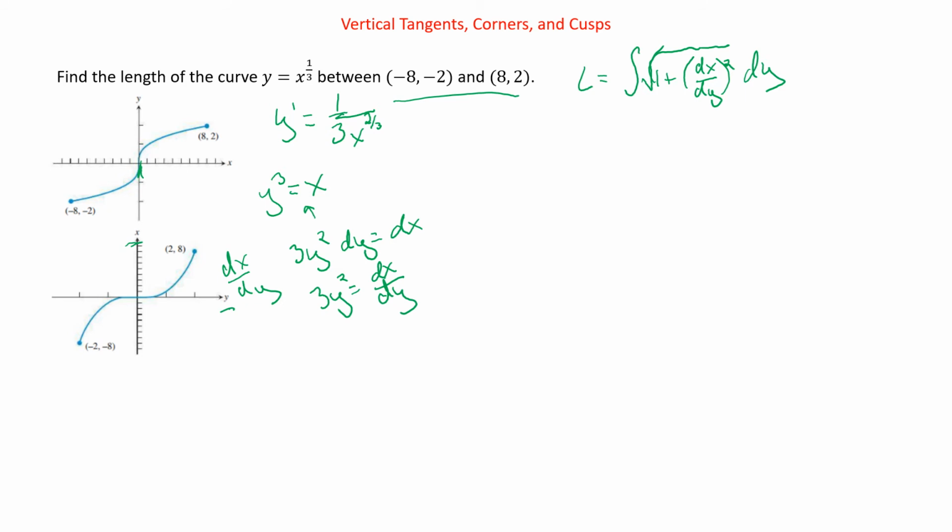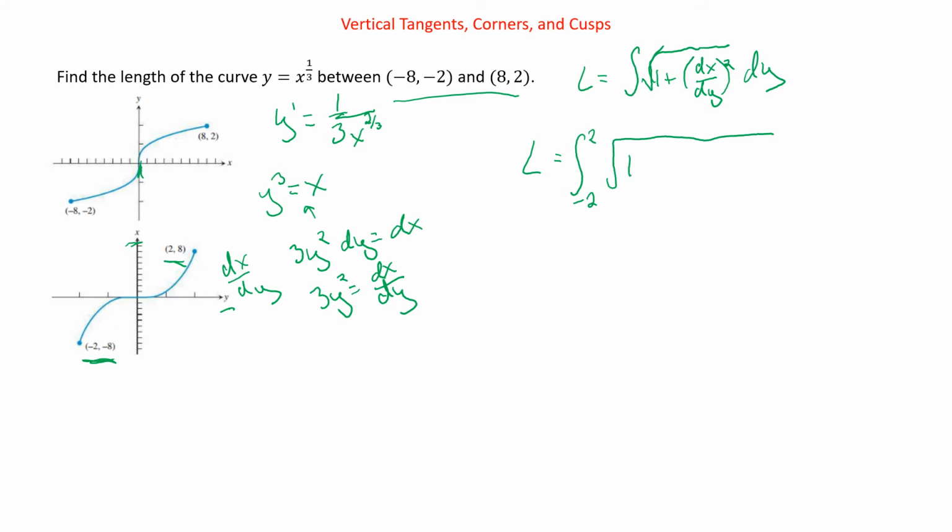So the length will equal the antiderivative from something to something. These are going to be the y values. So negative 2 to 2. If you're looking here, notice that they switched, but the axes switched as well. So it's still negative 2 to 2. Those are the y values. That's not going to change.